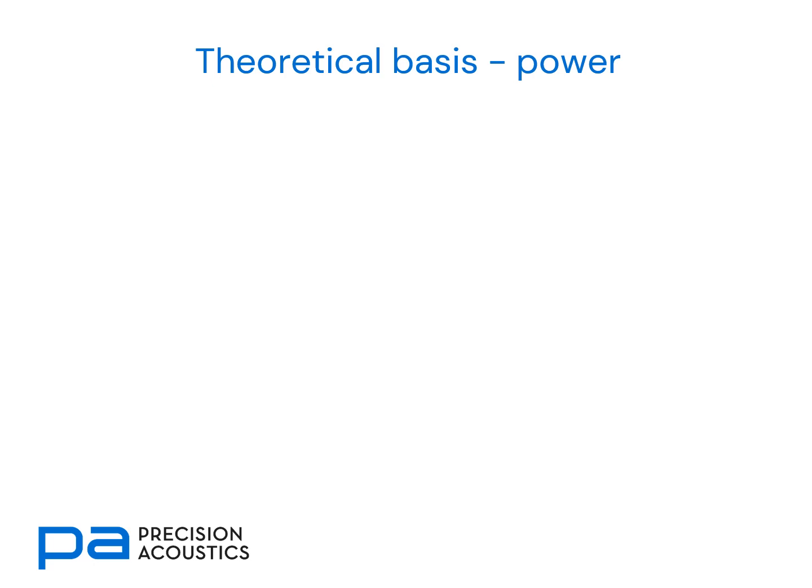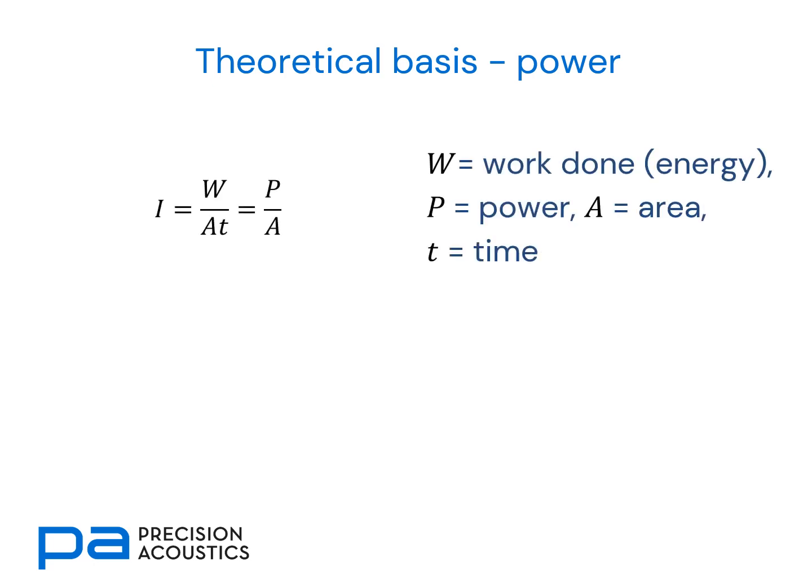Starting with a theoretical basis for ultrasonic intensity derived from power, we go back to our original definition, which was that intensity is the flow of energy per unit area. Well, work done per unit time is simply power, and therefore intensity is power over area.